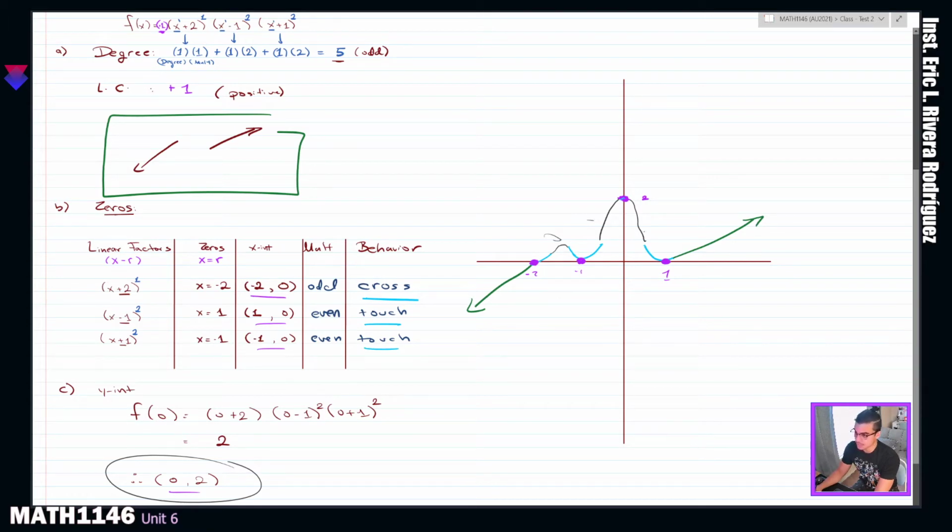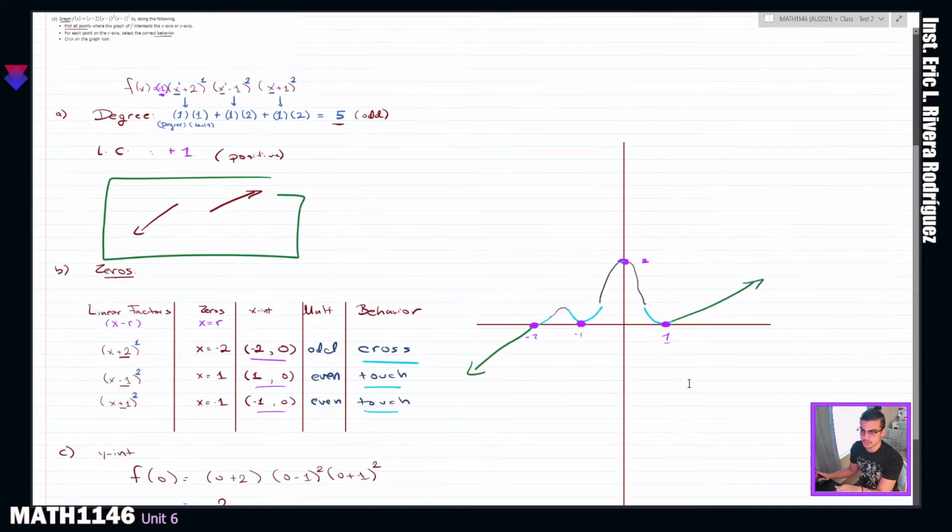But at least with the properties that we gather from these items, we are certain that the x-intercepts are here, that is the y-intercept, that this is the behavior, and this is a representation of the shape of the graph of this polynomial, right? And there you have it.